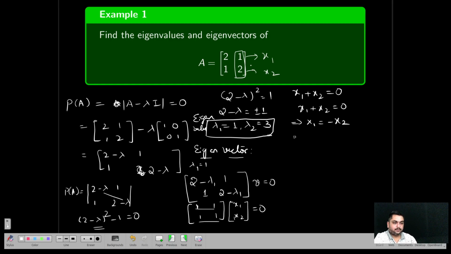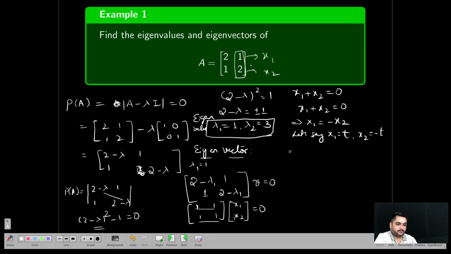Now how do we find the vectors? Let's say we put x1 equal to some value t. This is called the parametric value t. And then x2 will be equal to minus t. So what will be my eigenvectors?